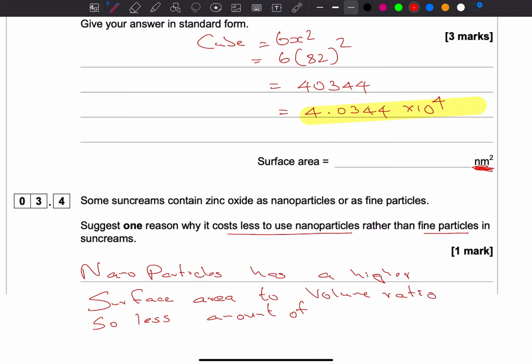Yeah, sun cream is needed to cover the same area. The key point is nanoparticles have a higher surface area to volume ratio, therefore less amount of sun cream is needed to cover the same area. That's why less equals less, because you need less amount of sun cream, isn't it?